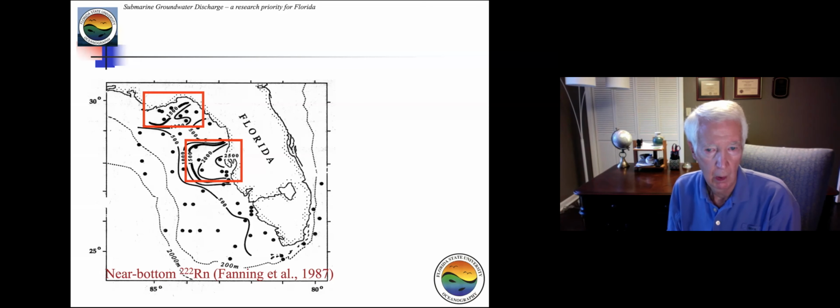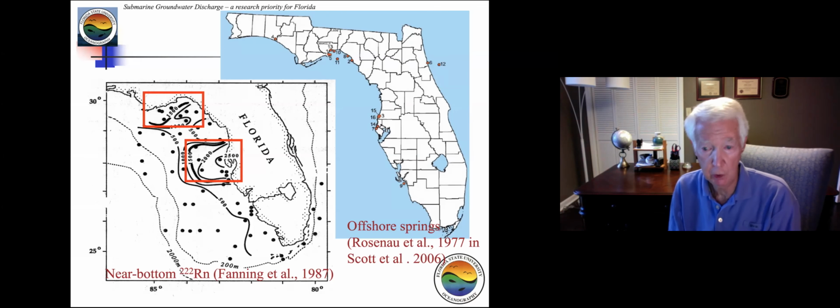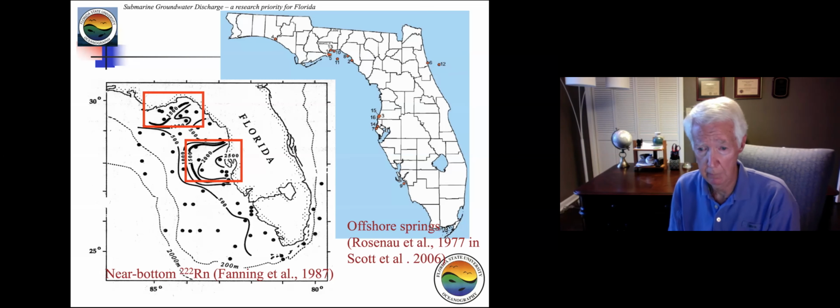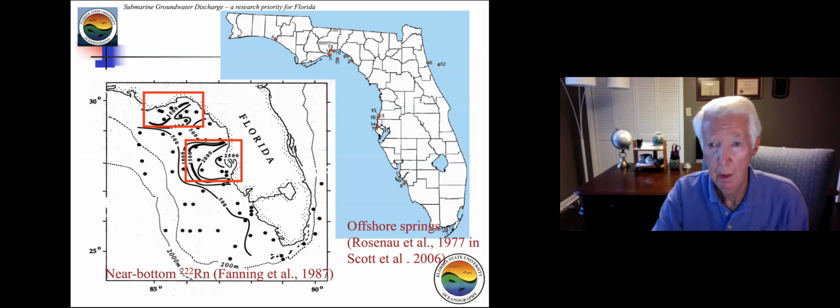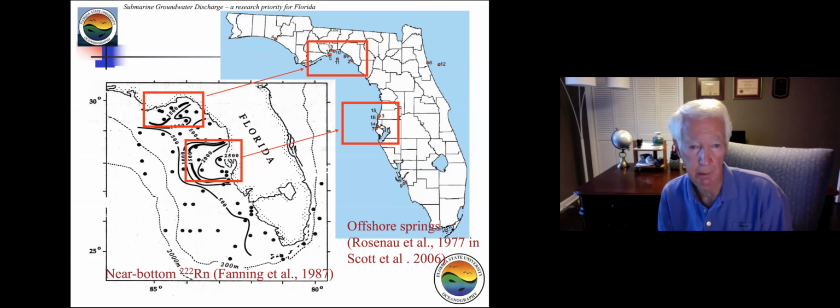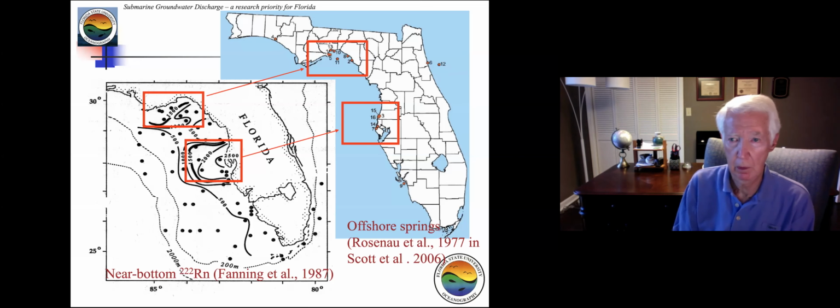hypothesis. We noticed that in another publication, which is actually earlier, published by the State of Florida Geological Survey, that this is showing the distribution of submarine springs, known springs offshore of Florida, and notice that the two groupings seem to correspond to each other.